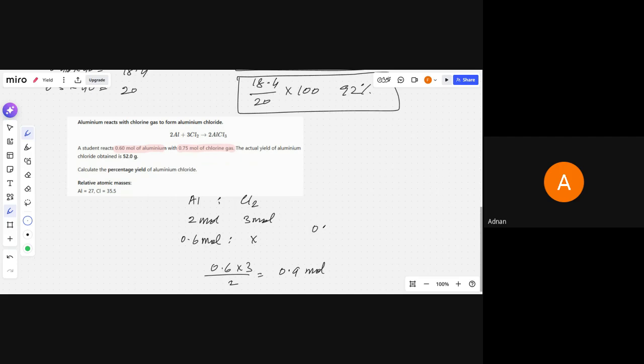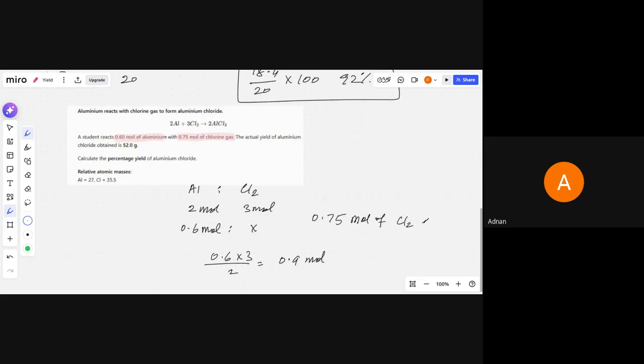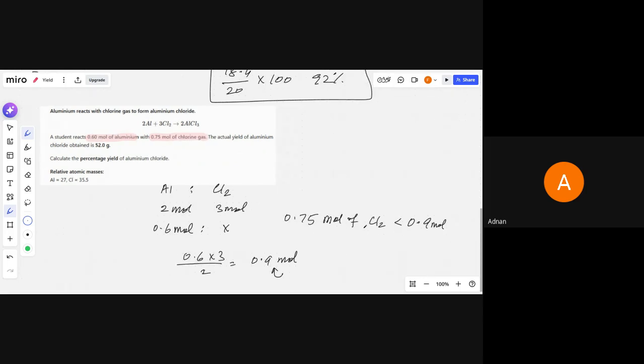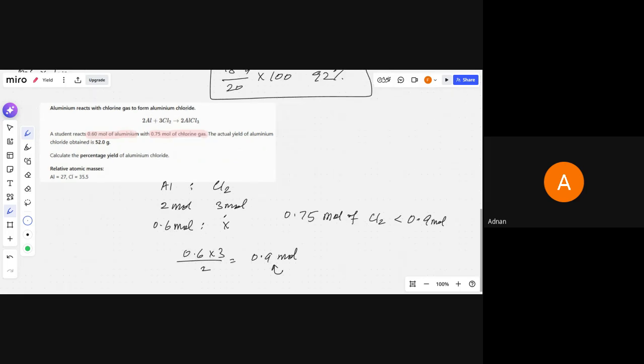Now I'm going to compare. The 0.75 moles of chlorine gas given in the question is less than what is actually required, which I just calculated, 0.9 moles, right? So chlorine is our limiting reactant, because it's going to get consumed first, since we don't have enough of it.